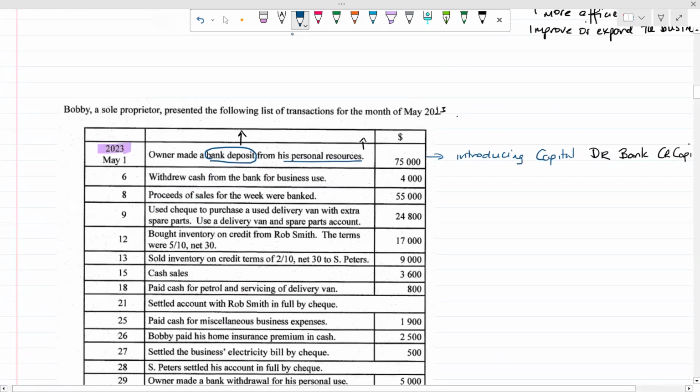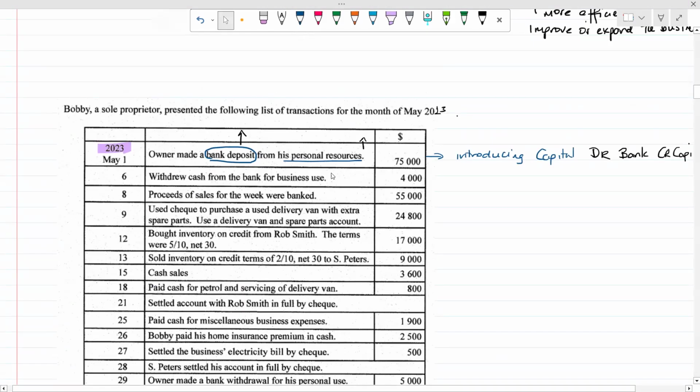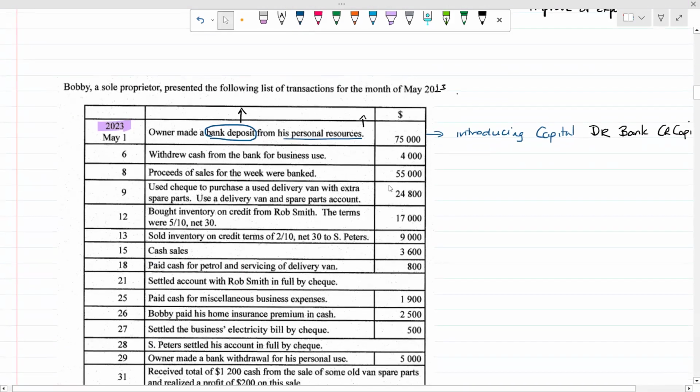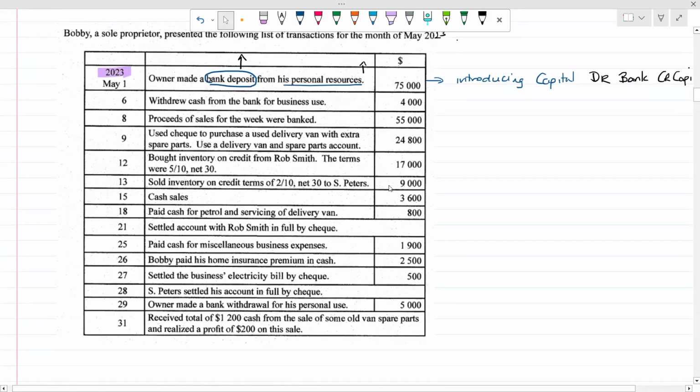Next, withdrew cash from the bank for business use. We're going on there now. He's taking money out of the bank for business use, not for personal use, for business use. So what is happening there? What is going down?